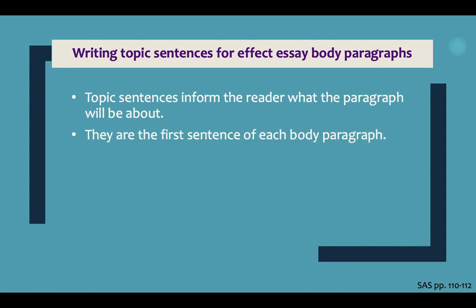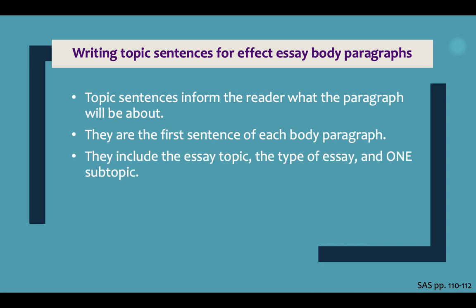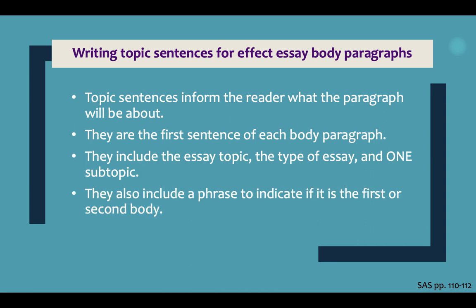They are the first sentence of each body paragraph. They include the essay topic, the type of essay, and one subtopic. So it has a little less information than the thesis statement. And they also usually include a phrase to indicate if it is the first or the second body paragraph.